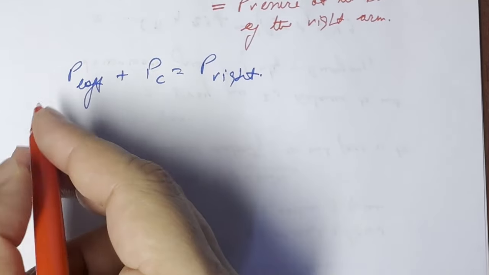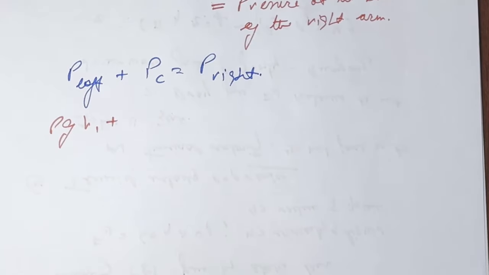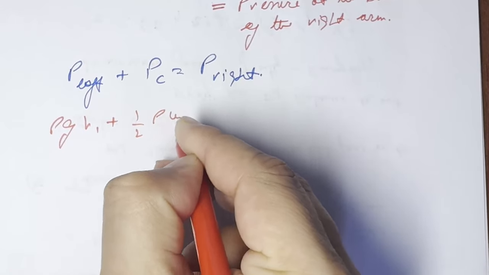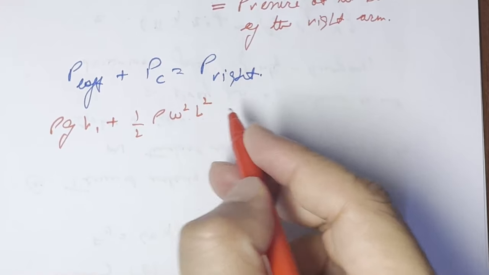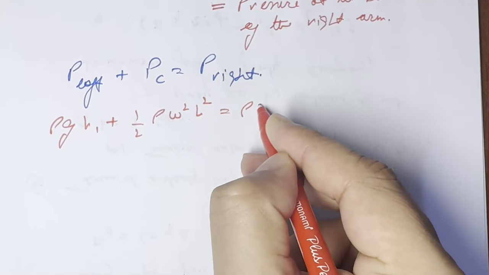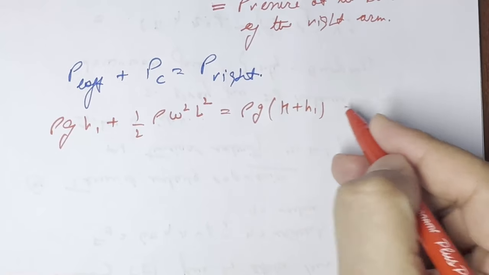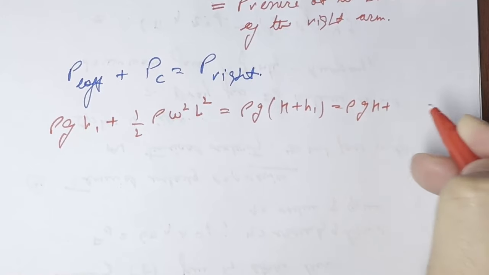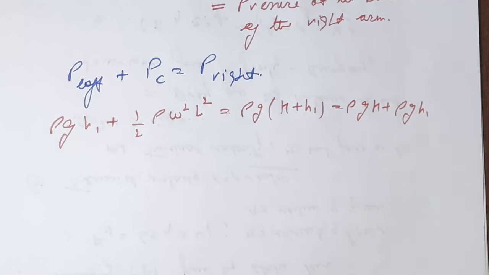Pressure left is our rho g h1 plus centrifugal pressure we just calculated is half rho omega square L square, and pressure due to right will be equal to rho g times capital H plus h1, and if we open it, this becomes rho g capital H, and this becomes rho g h1.